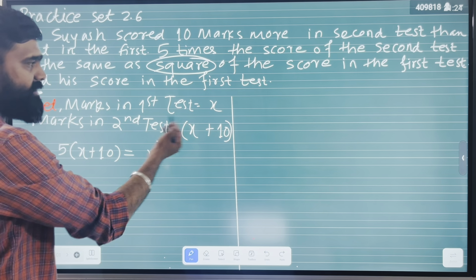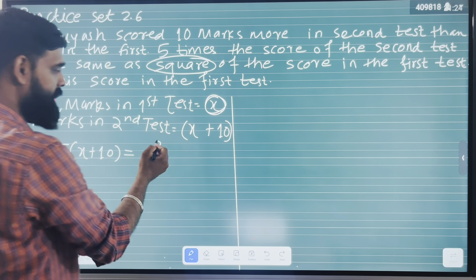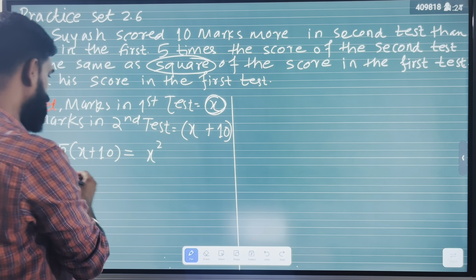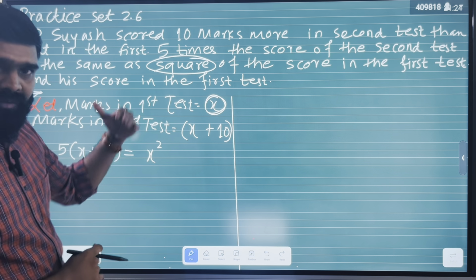So score of the first test is x. So we have to do the square of the x here. So this is the equation according to our condition.